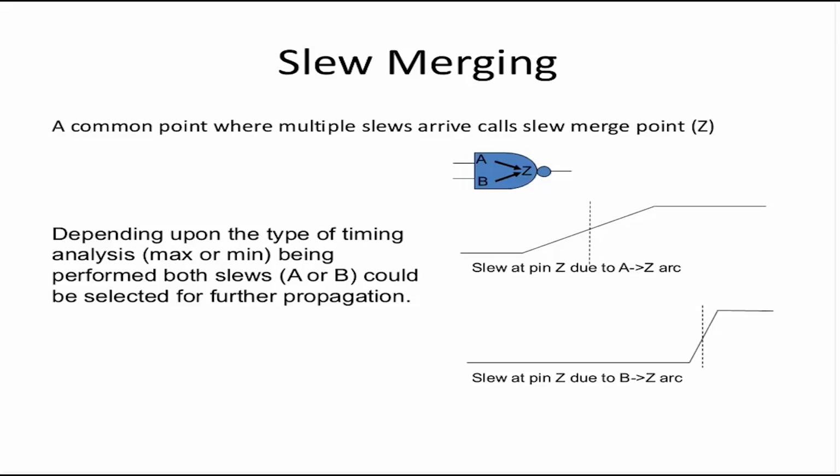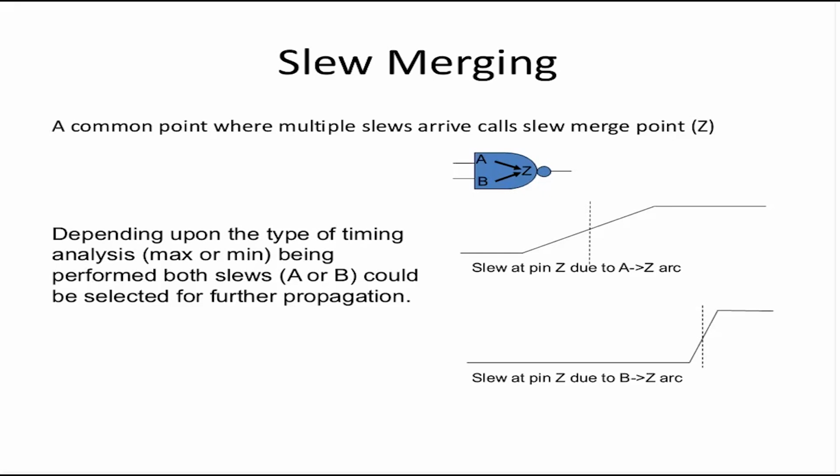So it will have two delays, delay from A to Z, delay from B to Z. These delay values are separate, but the transition at Z can be calculated using the transition of either A or transition of either B. Now there is a variable in PrimeTime called timing slew propagation mode.